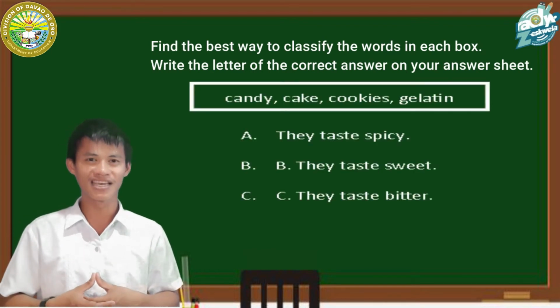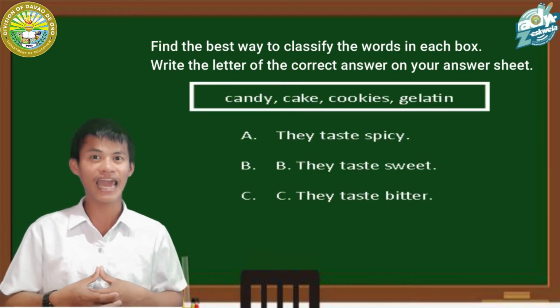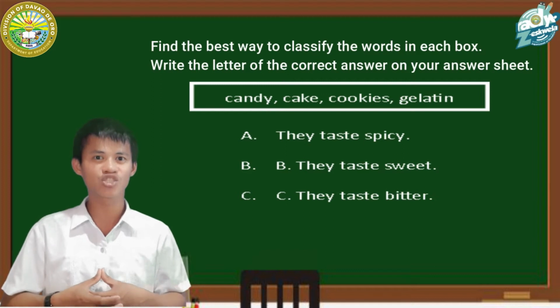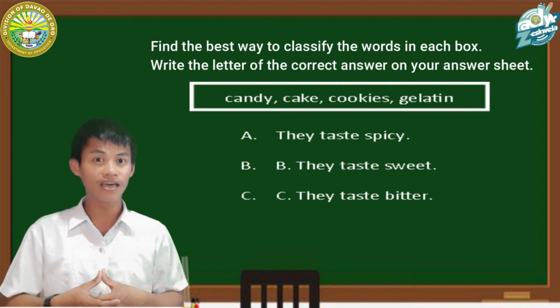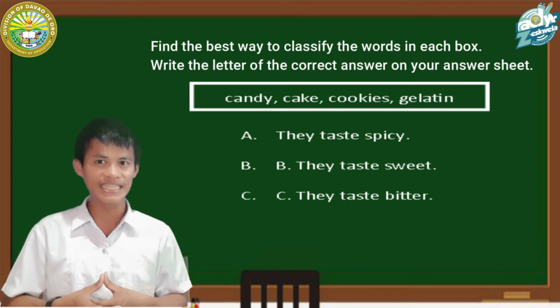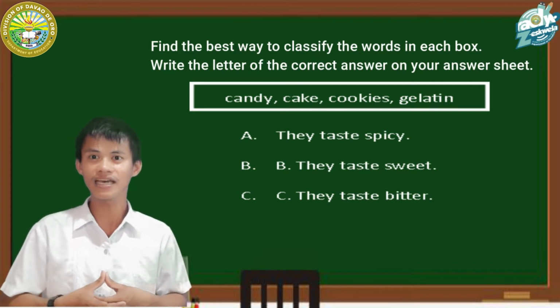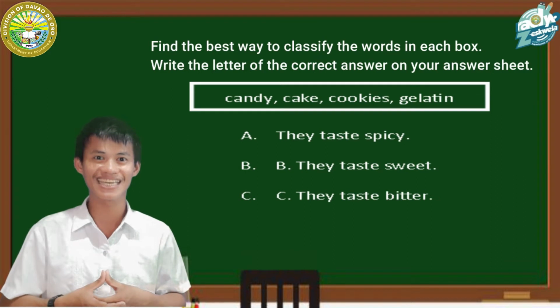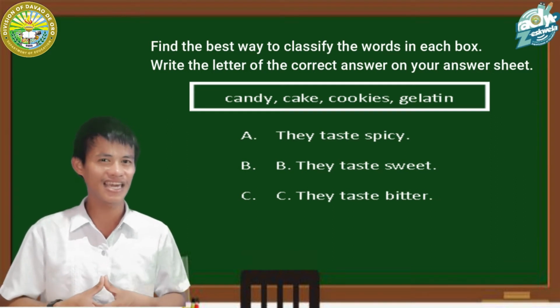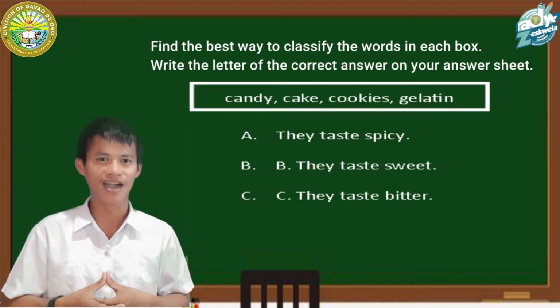Number 1. Candy, cake, cookies, gelatin. Letter A, they taste spicy. Letter B, they taste sweet. Letter C, they taste bitter.